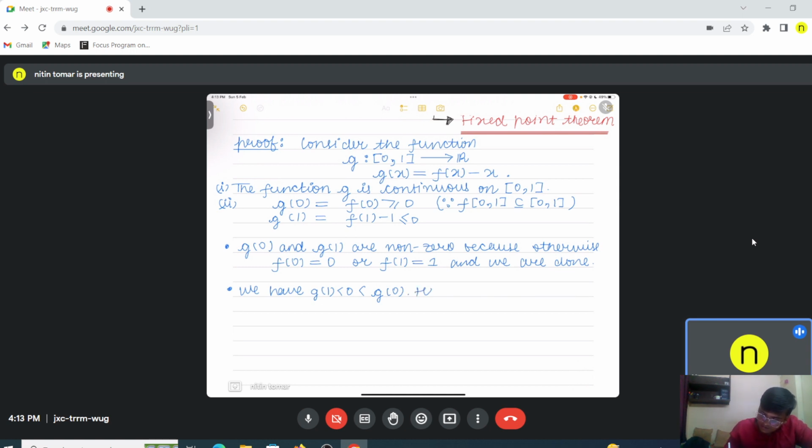So hence by the location of roots theorem, this we know. Again, this was a question of location of roots. So by location of roots theorem, what can we say?